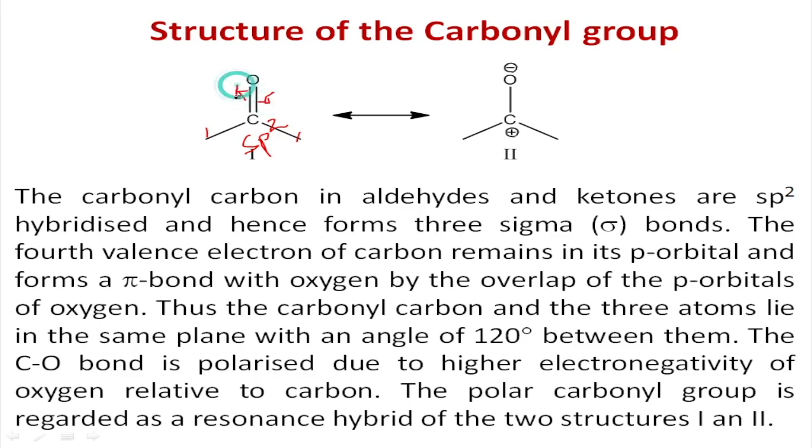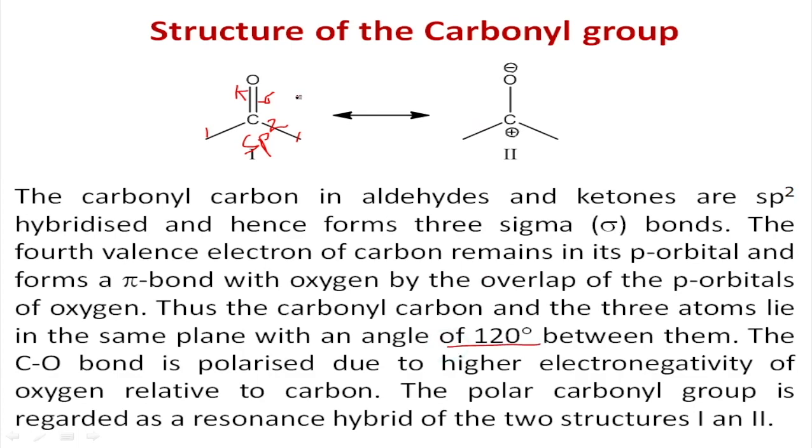So the carbon is in sp2 hybridization and it becomes planar. The structure is planar with an angle of 120 degrees.